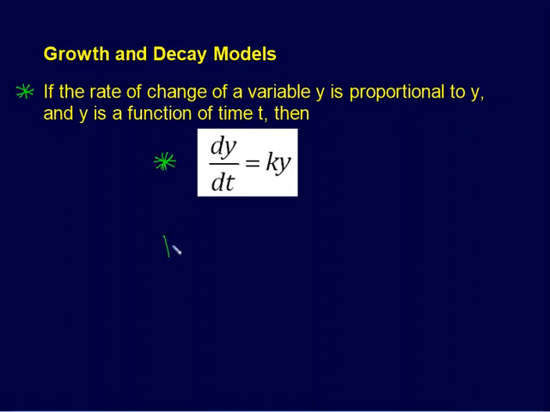Now what we did in the last video was use a little bit of integration, and seeing this as a separable differential equation, we were able to derive this explicit equation for y. y equals the constant a times e to the kt.